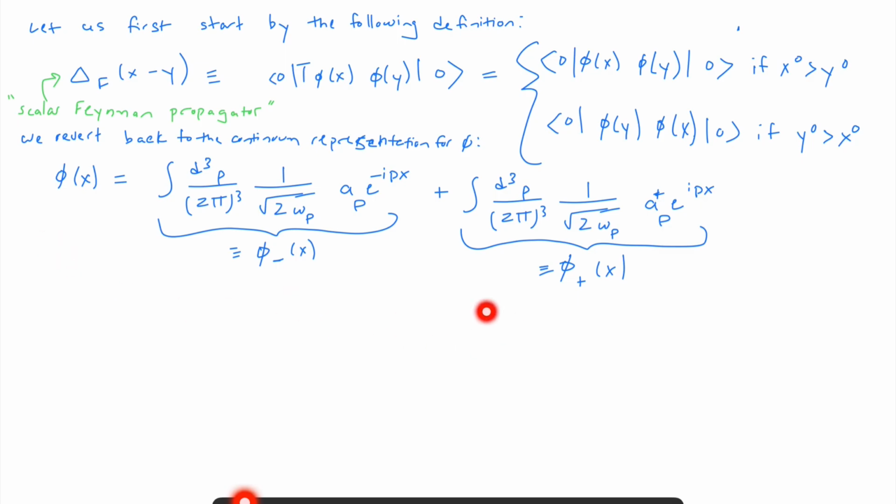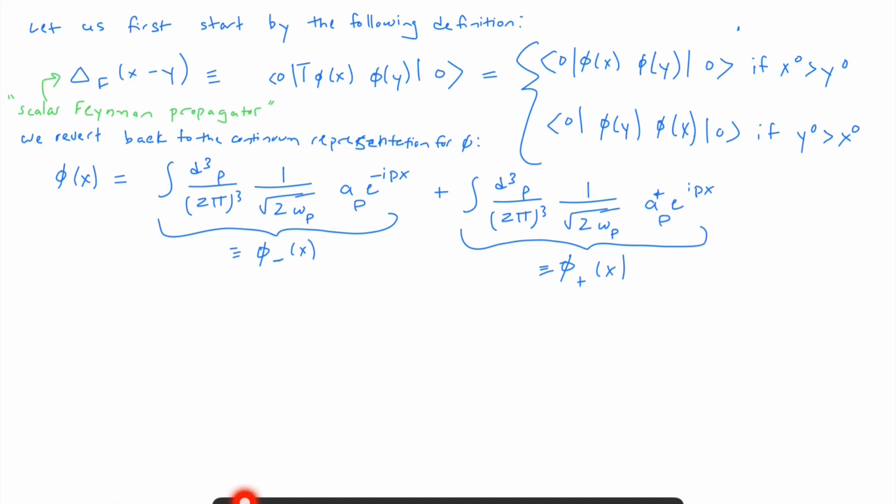So this is the continuum representation for phi of x. This is in the interaction picture that we talked about extensively. So this is our formula that we wanted you to memorize, both in the discrete form and in this case in the continuous form. So phi of x is an integral over d3p of destruction operators, a sub p, e to the minus ipx, plus an integral over d3p of creation operators, a dagger p, e to the plus ipx.